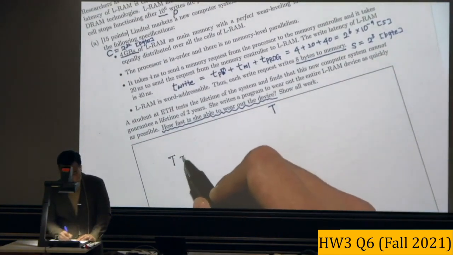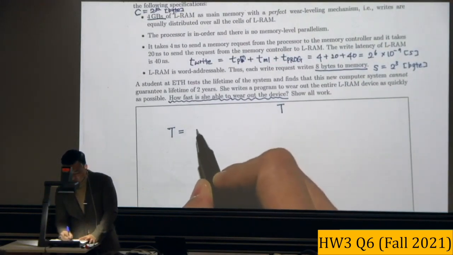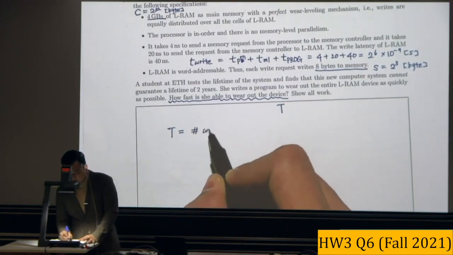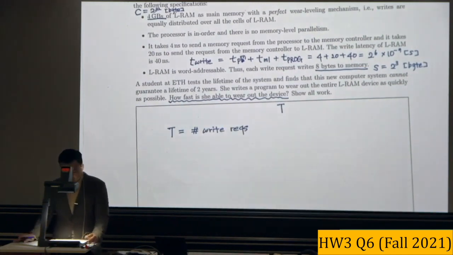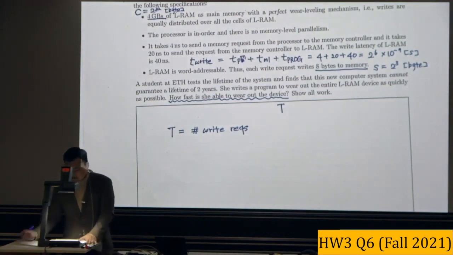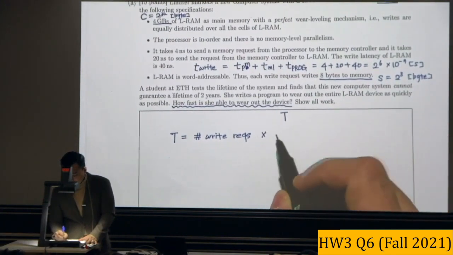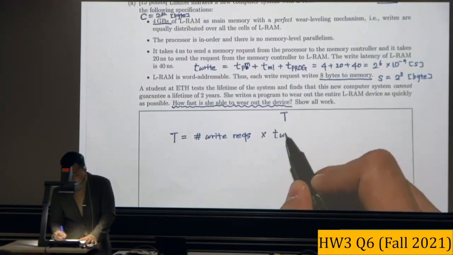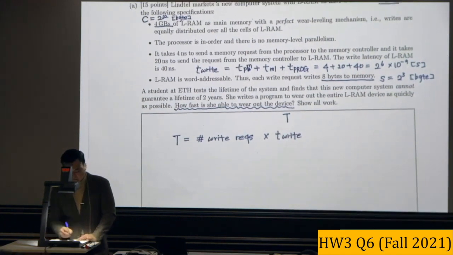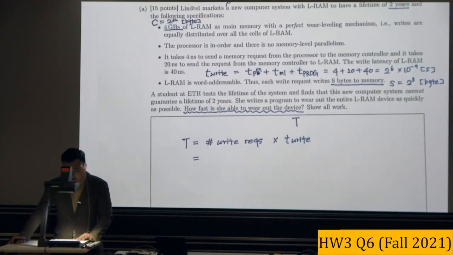So to calculate T, we can simply multiply the number of write requests necessary to wear out this entire LM device. And since there is no parallelism, or there is no way for us to overlap the latency, we can simply multiply by the time for handling a write request, T write, right? And the number of write requests required to wear out the entire LM.